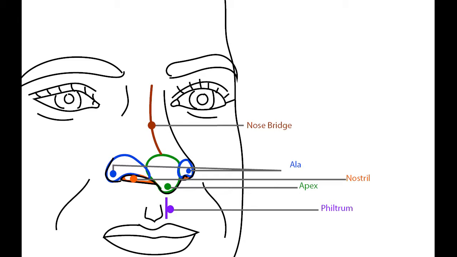Before we start drawing a basic nose, understand that the lines of the nose bridge, the shape and lines of the ala, the edges of the nose, and the apex give you the defined nose of the person you want to portray.